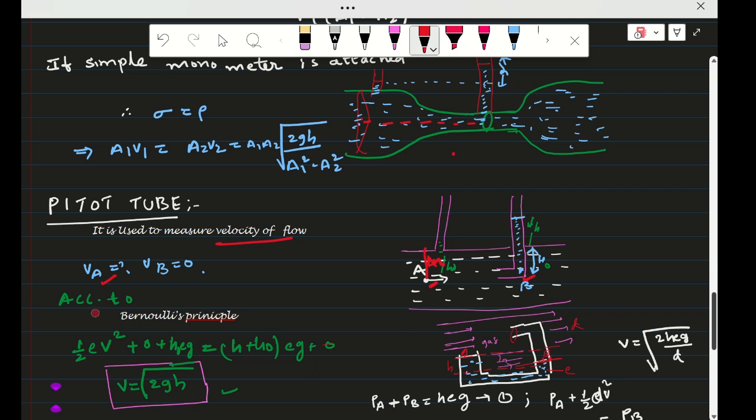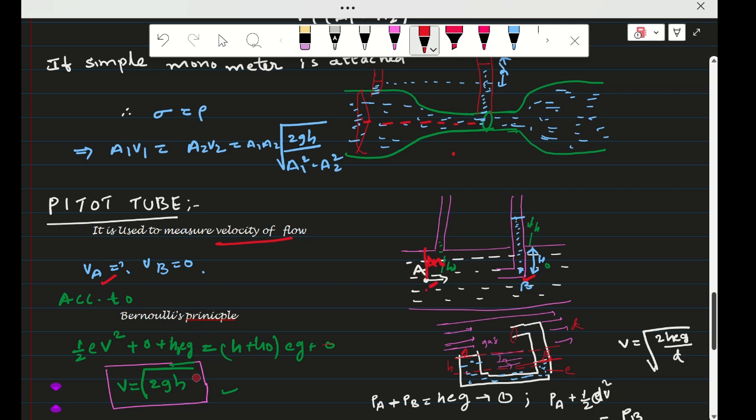Now, according to Bernoulli's principle applied to the 2 points. At the first point, kinetic energy is there, potential energy is 0, and the pressure energy is equal to PA, which is H naught rho g.